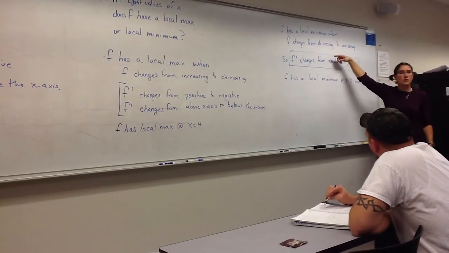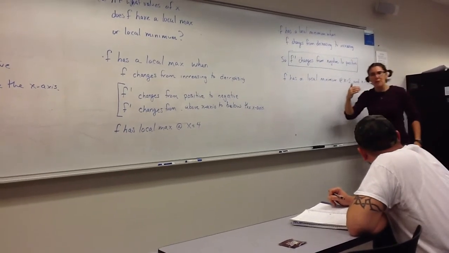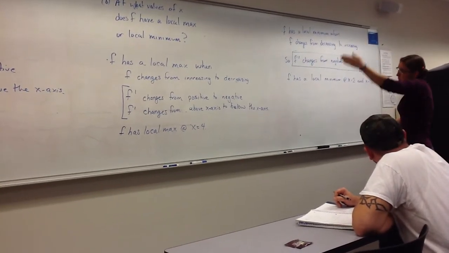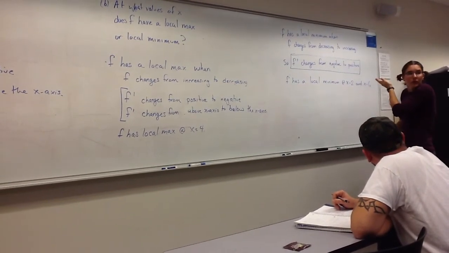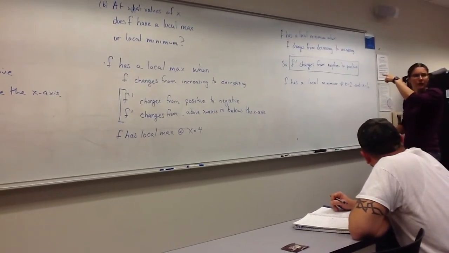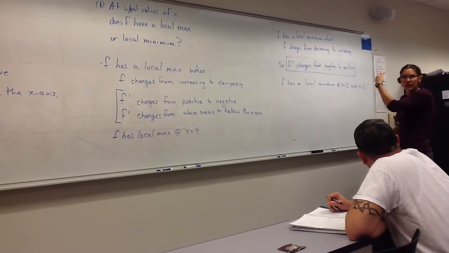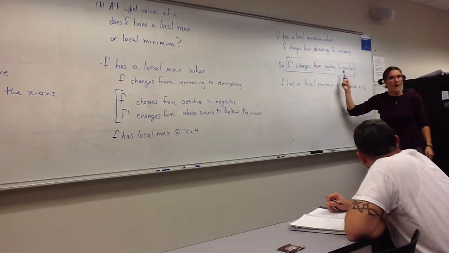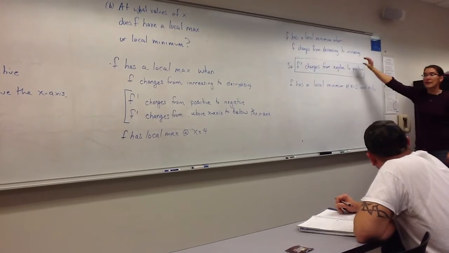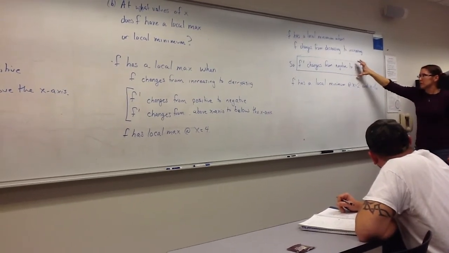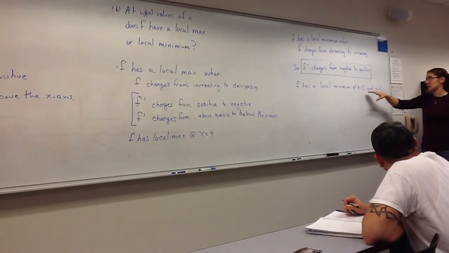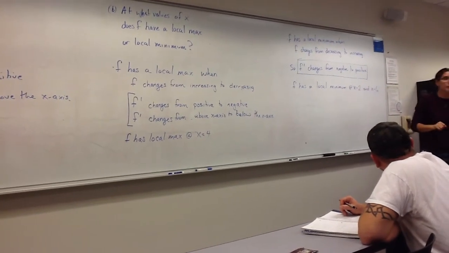The thought process in between, at least for me, is when I'm reading the graph, I imagine in my head, okay, a local minimum looks like the bottom of a bowl. So what's happening on my function? My function is going from downhill to uphill, decreasing to increasing. So f prime, what happens there? f prime changes from negative to positive. There's a lot of links in between, but the final connection is f prime changes from negative to positive, so f has a local minimum at those values.